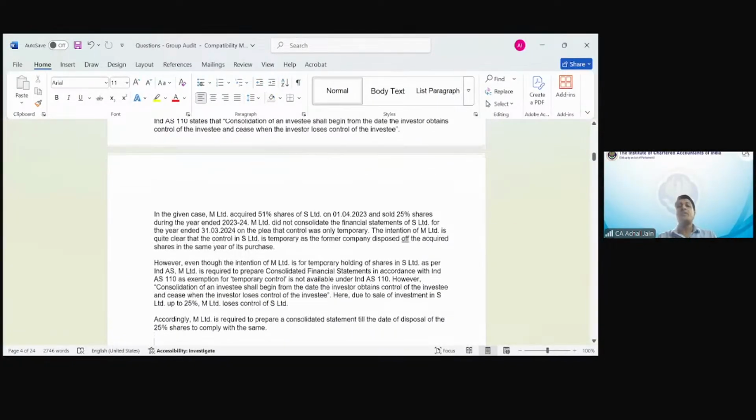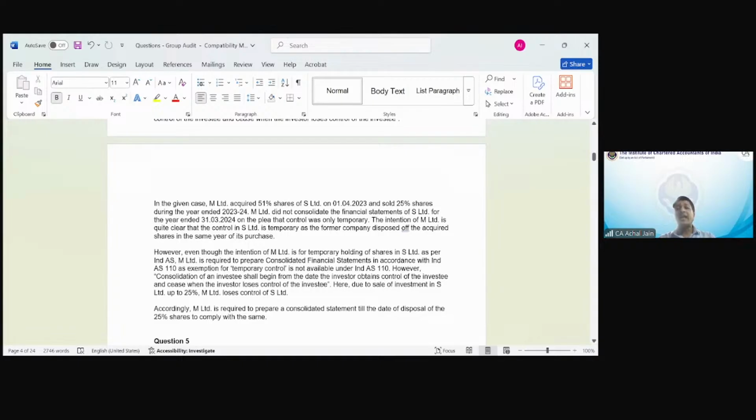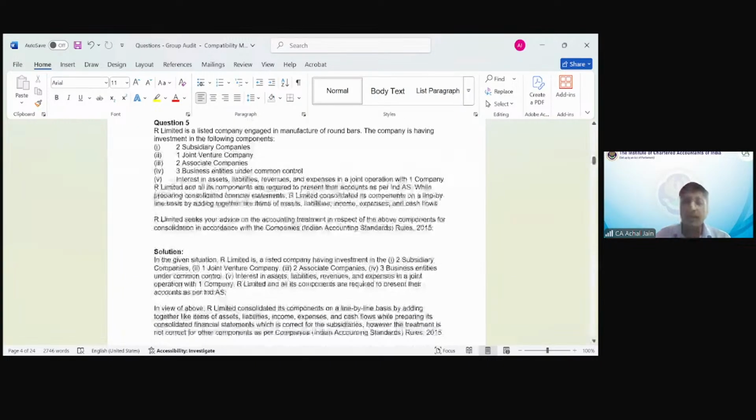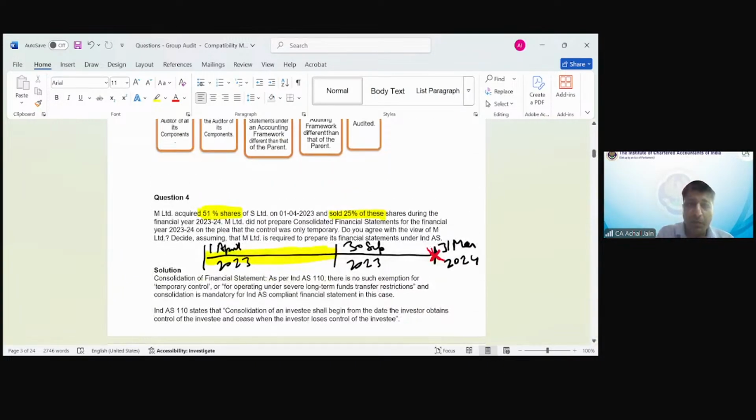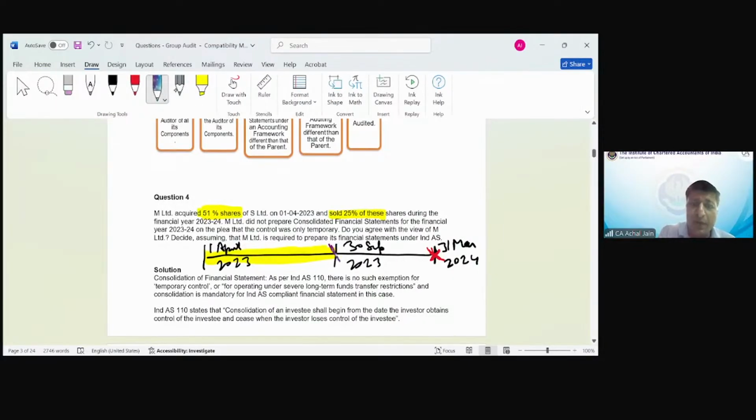If M Limited is not doing that, then it's an error. So they need to do this, right? Up to which date? Of course, they will do this up to 30th September only. So this consolidation will be up to 30th September only, but that is required to be done by the management. Clear? Everyone clear?